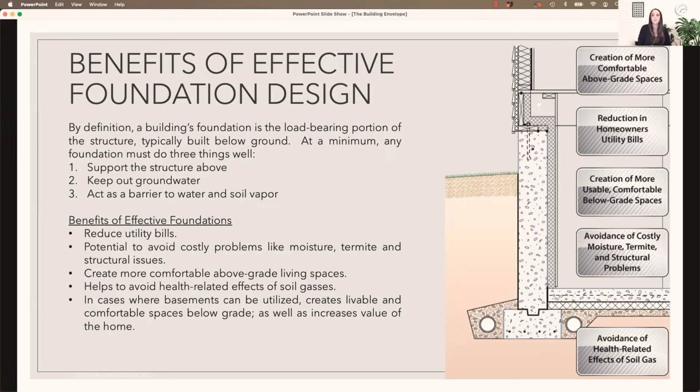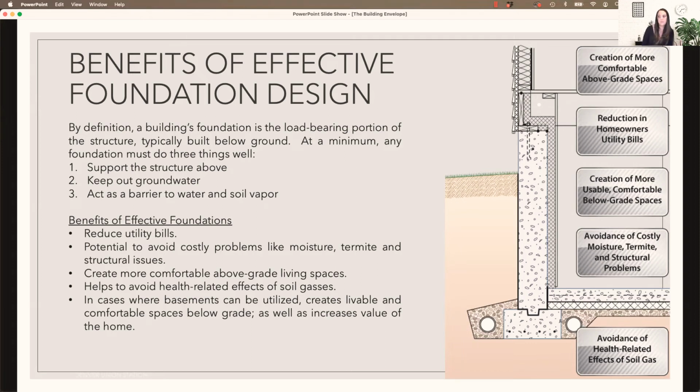And again, we can help avoid health risks from the gases in the soils. And in areas that are able to use basement foundations, you can expand the living space, the usable or occupiable space in a building.